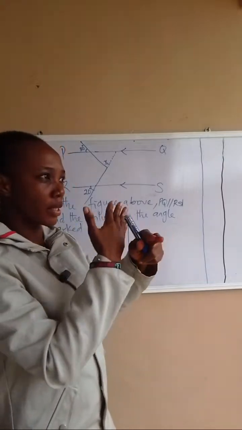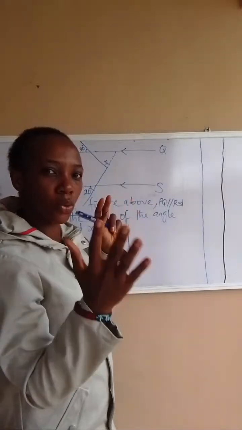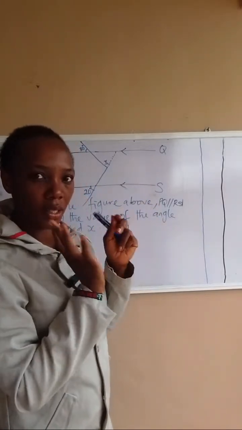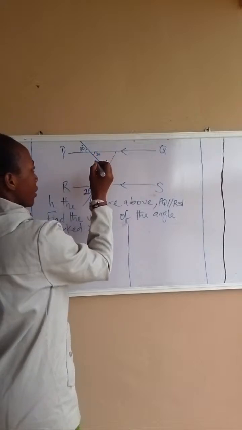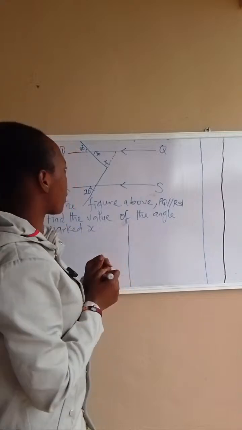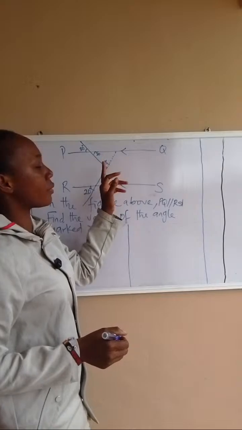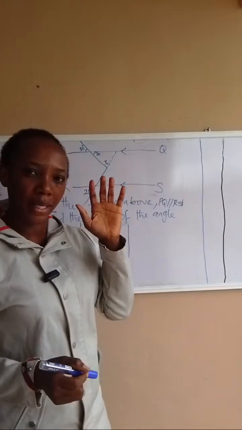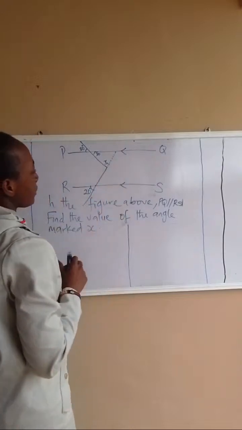When two lines intersect, the two opposite angles are equal. So here we have it as 30 degrees. We've started solving already. So now if we can get the angle here, definitely to get the angle marked x will be very, very easy. So how do we do that?